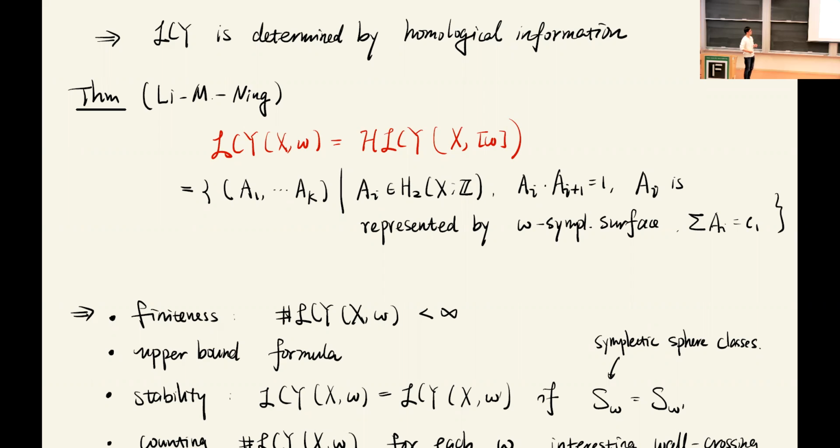That is, in the big set of all symplectic classes, there are some walls determined by the existence of symplectic spheres. And as you go across this wall, the number of elements inside this moduli space just increases or decreases by some fixed number.